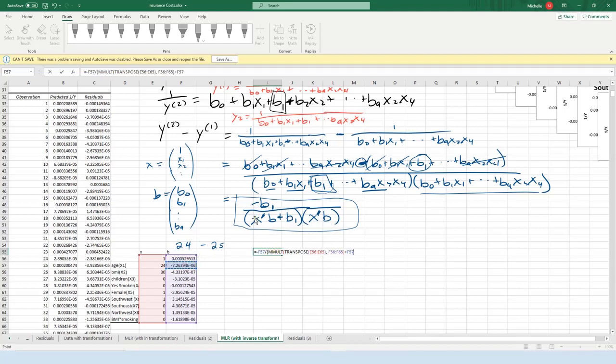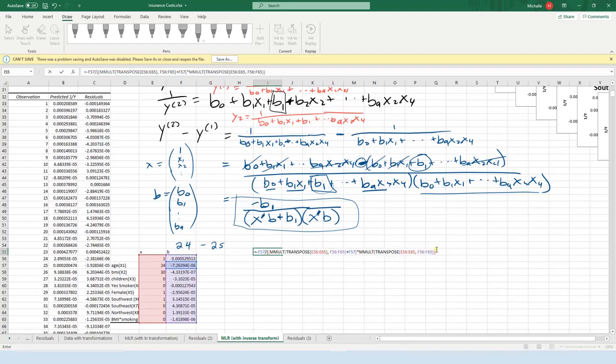Okay, so you see I have done this, X transpose plus B1. Now I need parentheses around that. All right, and I need to multiply it by X transpose times B. So that's matrix multiplication again. And do transpose, once again, X, and then B. Close parentheses and close parentheses.